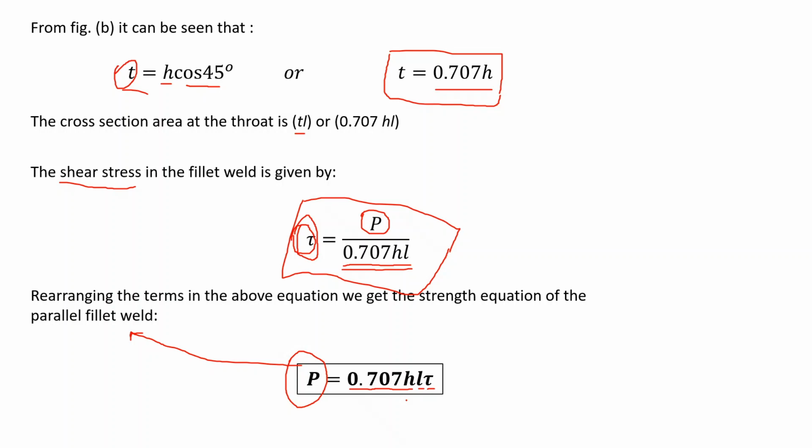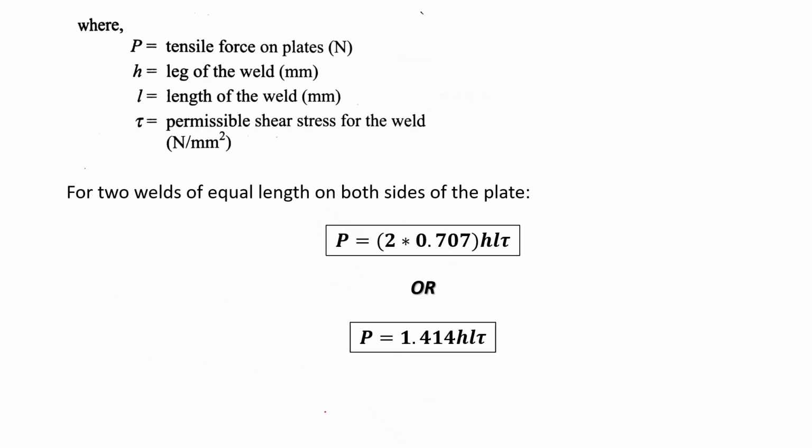In case you have two parallel fillet welds, you have to multiply this with 2 as shown in this figure. In case of double parallel fillet weld, you have to multiply the complete equation by a factor of 2.